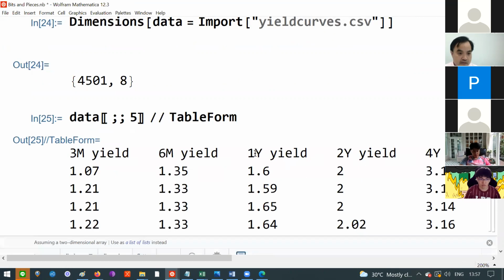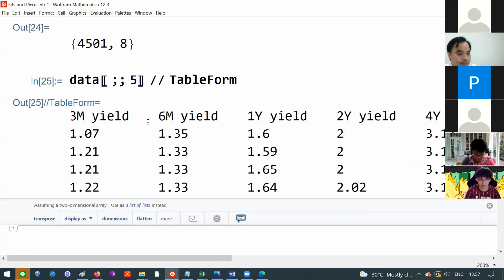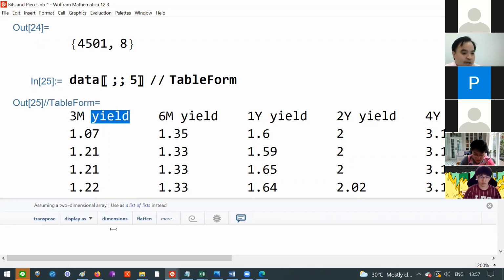So this is the data from real financial data. This would be yield. Yield is like interest. What this means is that if you invest for 3 months, you get 1.07% yield.